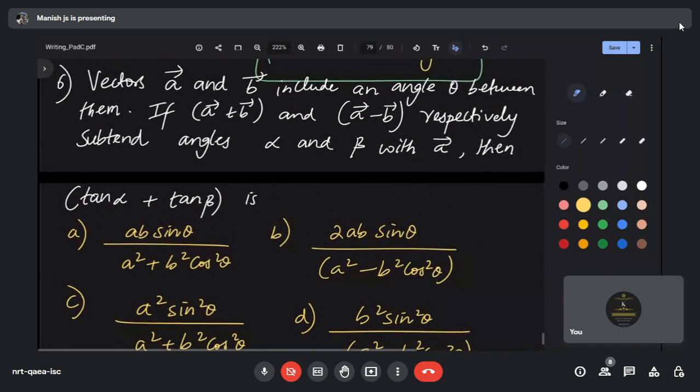This is the question. The vectors are given, and their relationships: the sum of the vectors and the difference of the vectors.